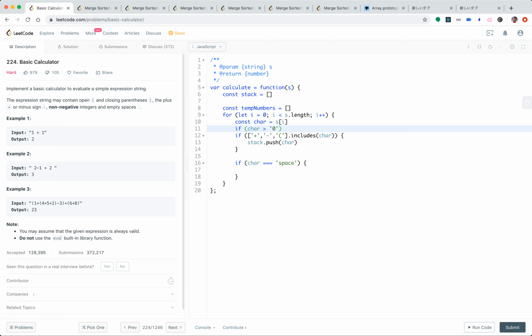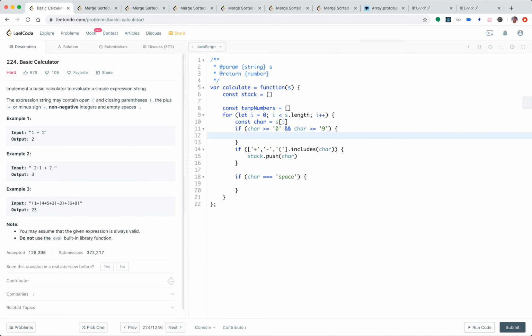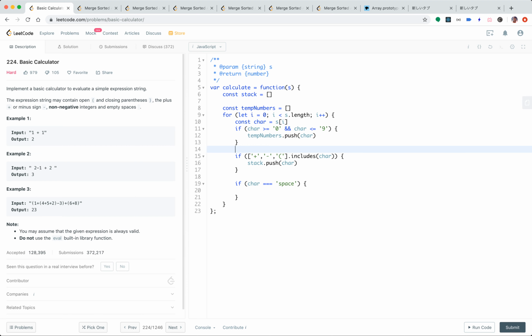Okay. Character smaller than or equal to 9, then temp numbers push character. And for the other cases, we push.